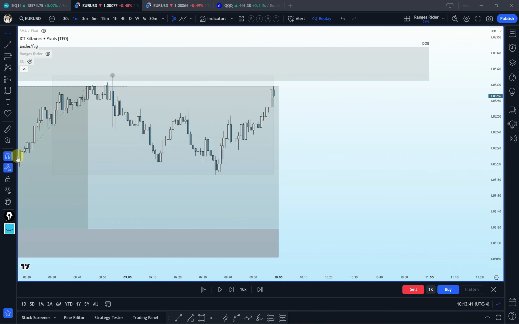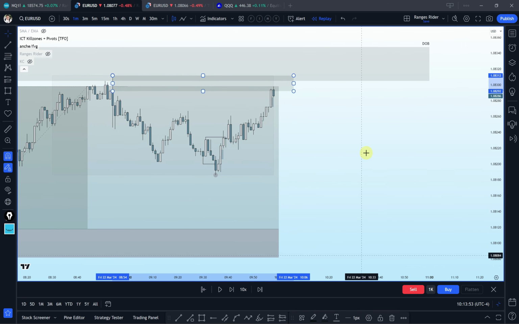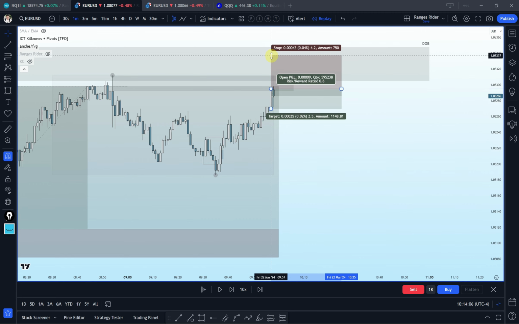So once our QM is confirmed from A to B, now we are looking to enter here, and our stop loss is, we check how our stop loss looks like, maybe 4 or 5, we don't know.